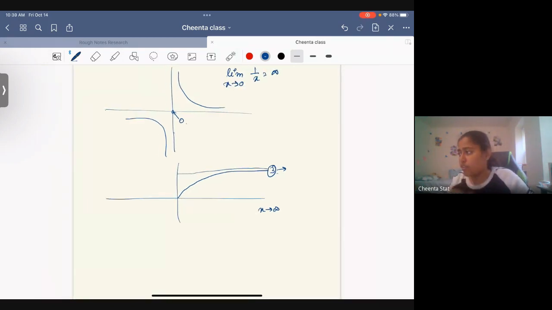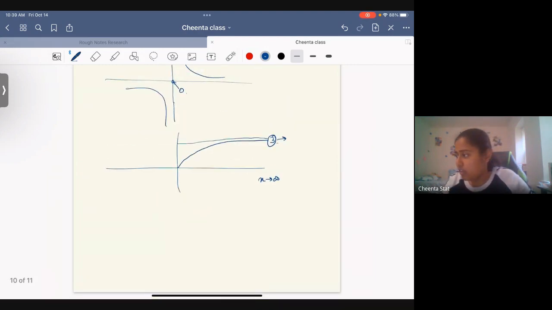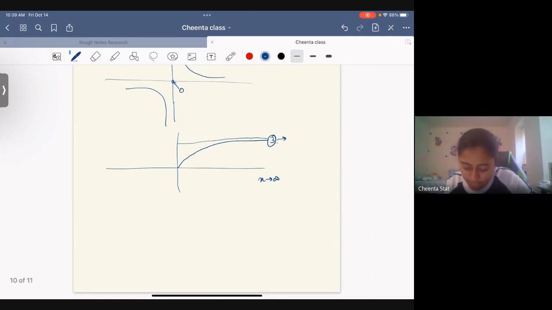So formally, limit h tends to 0, f of x plus h, can be something.